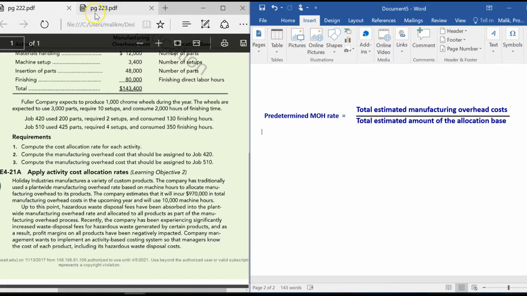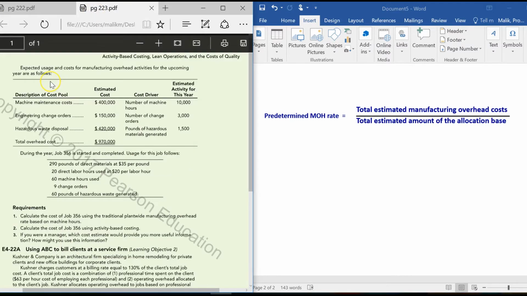So let's continue reading. Now, if you look at the next page, you will see a nice, beautiful table given here. This table describes different types of activities and the estimated cost of all activities.